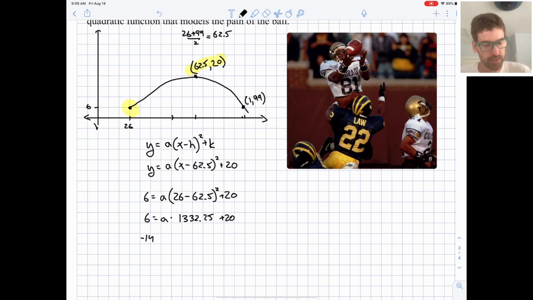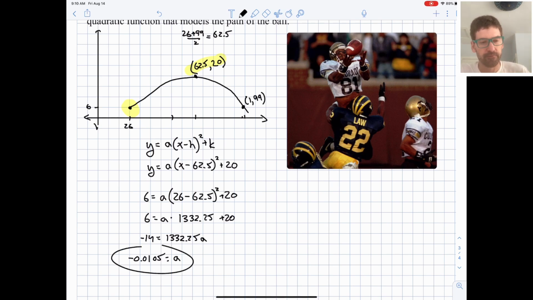We have a negative 14 equals 1332.25a, and then we can divide both sides by that 1332.25. And so we get a is negative 0.0105, okay? And so that's a tiny decimal, meaning it's a pretty wide parabola. So as far as parabolas go, it's a pretty wide, roughly flat parabola. So that's our a value.